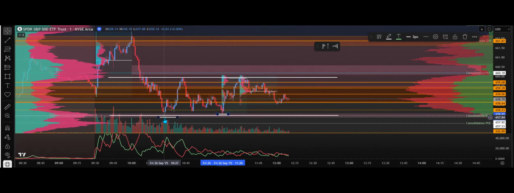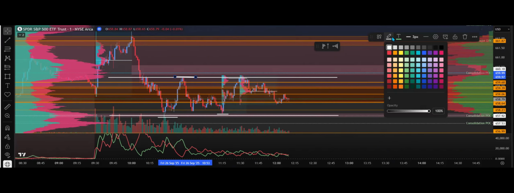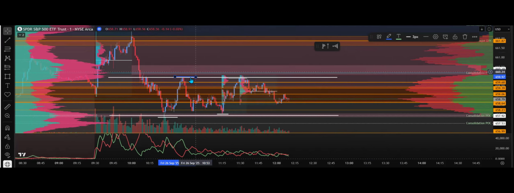So we have a lower low, a higher low. It's like word jumble at this point. But now we have a higher high versus from here to here. Let's make that a different color. Maybe blue. So we have a higher high.